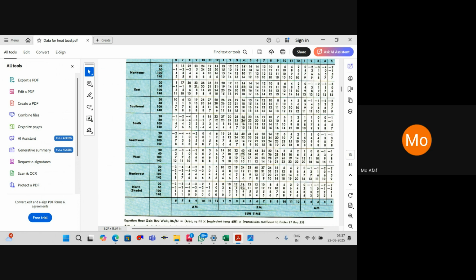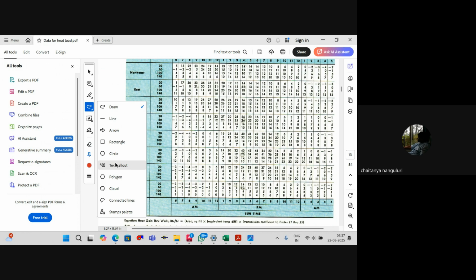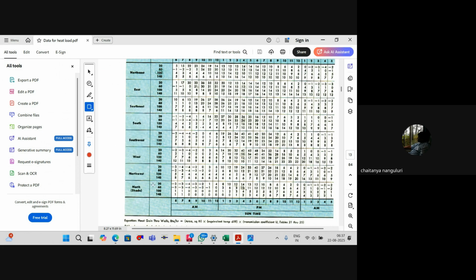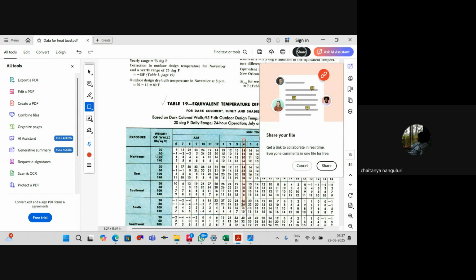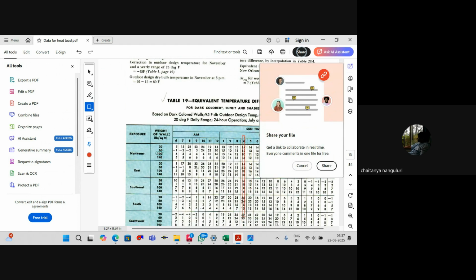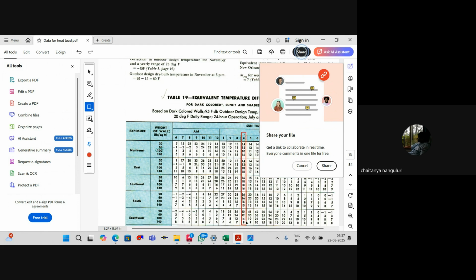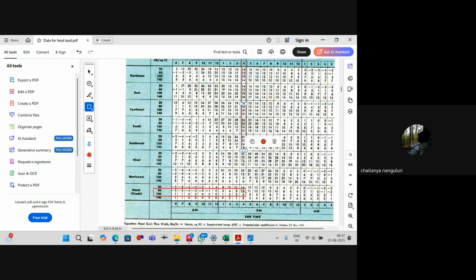Can you repeat? For 60, the value is, I'll try to draw this, just a sec. I don't know whether I can. Okay. So this value you can see. Intersect these 2 points.